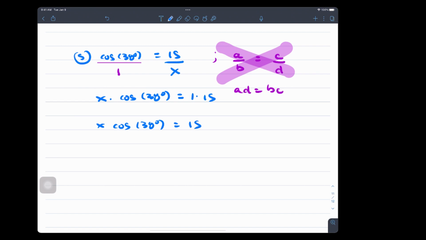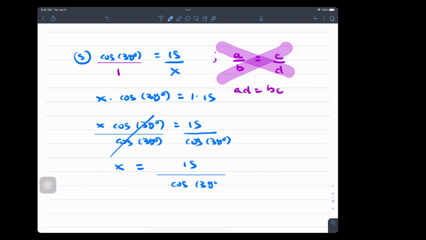Remember, this is still geometry, the S portion. Divide both sides now by cosine 38 degrees, and you get x equal to 15 over cosine 38 degrees.